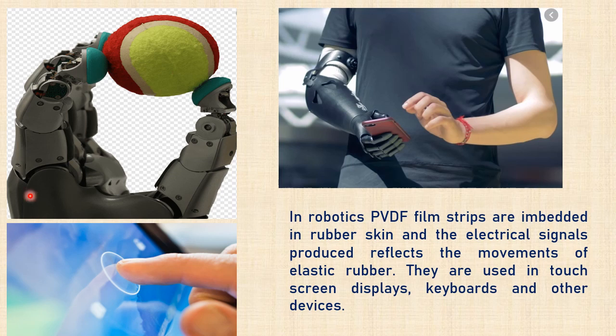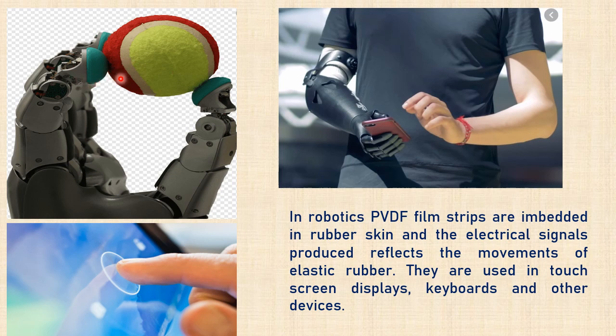You see this rubber skin, as we call it, for a robot or in robotics, we use these PVDF films embedded into this rubber skin, and the electrical signals produced reflect the movement of this elastic rubber.